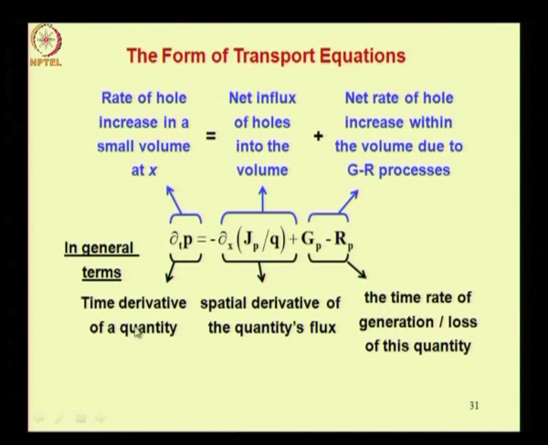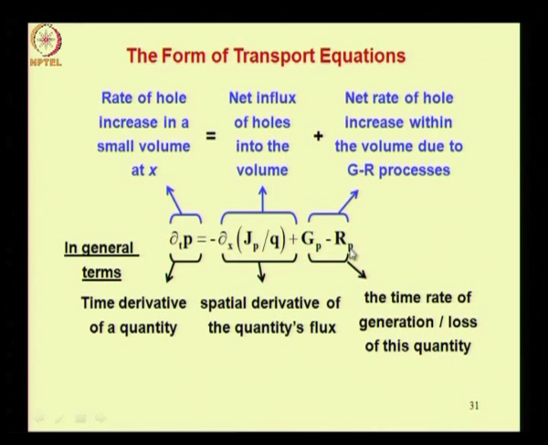In general terms, we can say the time derivative of a quantity, here it is P, is there on the left hand side of this equation, and on the right hand side you have the spatial derivative of the quantity's flux. So Jp is the flux of P, and the time rate of generation or loss of this quantity.